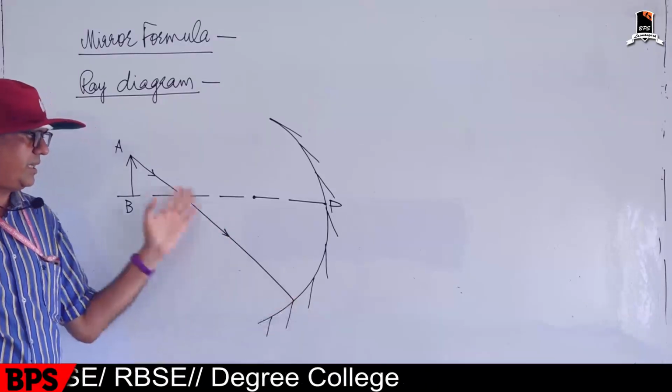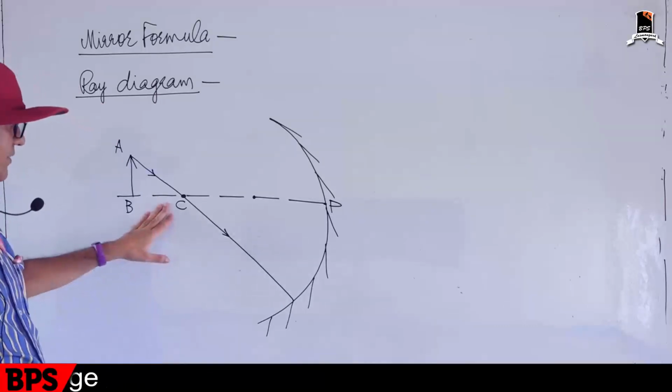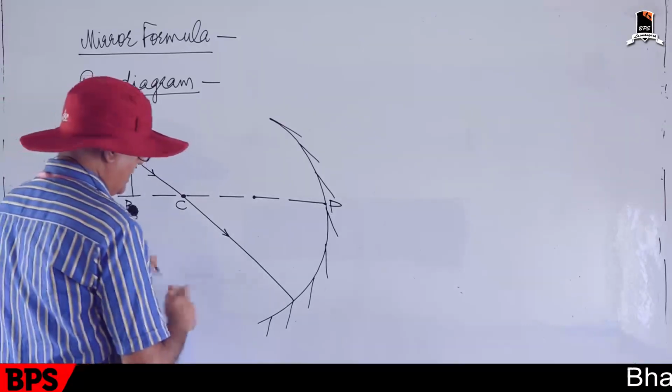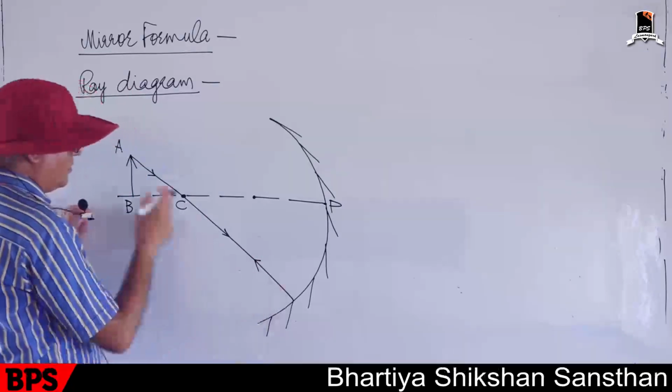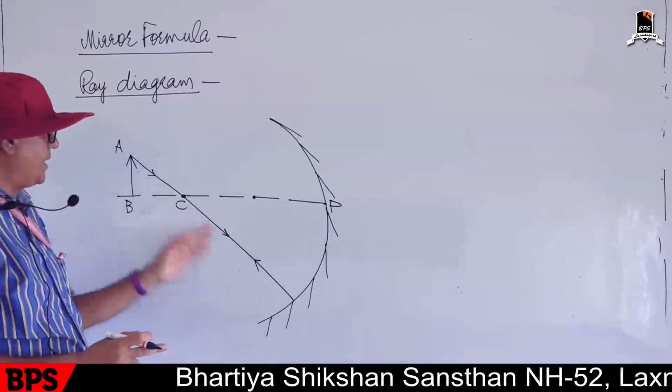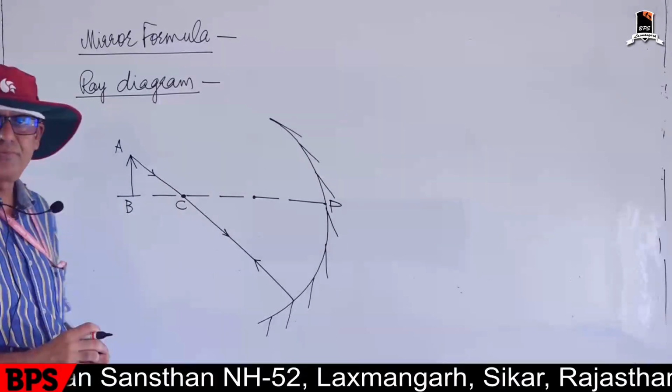Therefore, it will be reflected back in the same direction towards the center of curvature again, because reflection angle will also be 0. So, reflected beam will also pass through the center of curvature point C.